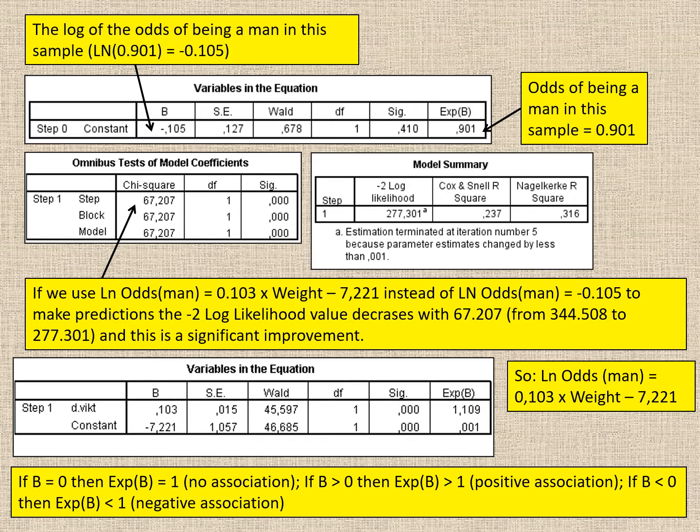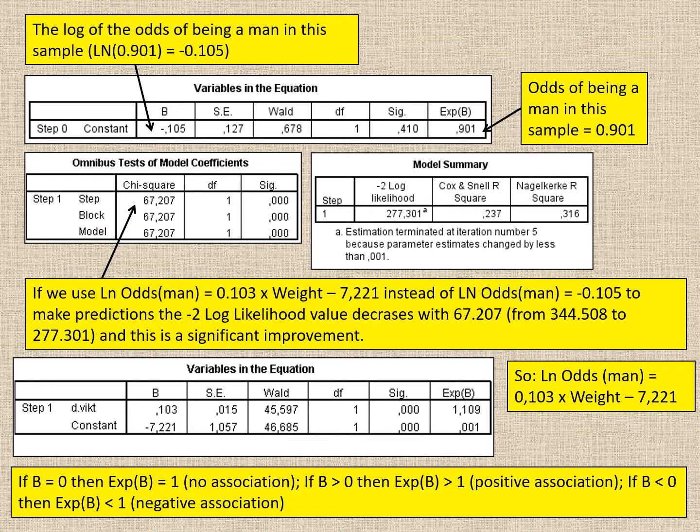That's why you calculate minus 2 log likelihood. The nice thing with minus 2 log likelihood is that it has a chi-square distribution. And even the difference between 2 chi-square values also has a chi-square distribution. So now we can calculate a p-value here.